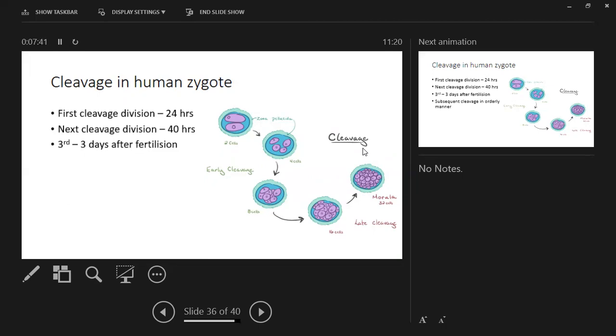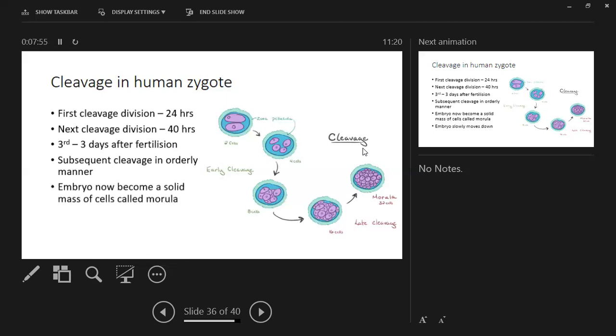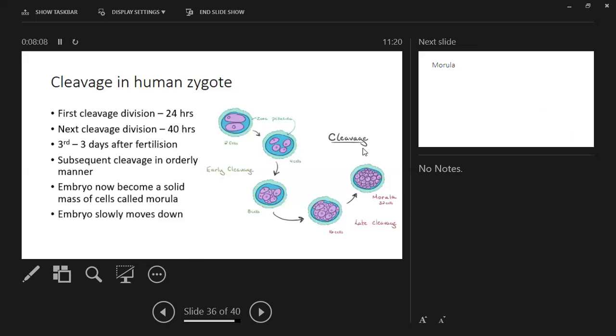2, 4, 8. Then subsequent cleavage in an orderly manner. It will keep on dividing and form around 32 cells. From 8 it will become 16, then 16 it will become 32. And then what you get is called the morula. Then the embryo slowly moves down.